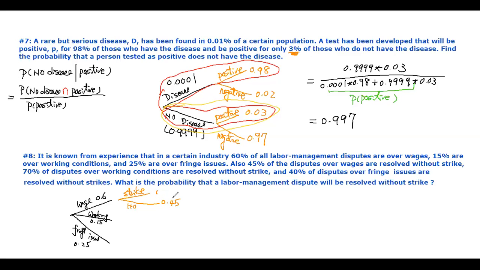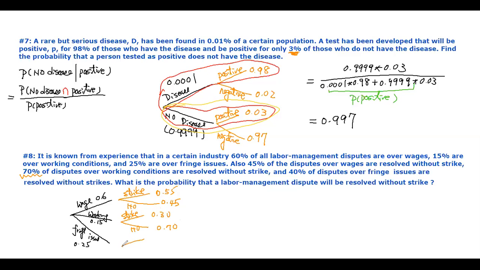So 0.45. So here with strikes, 0.55. Working conditions here, this is a strike. This is no strike, right? For working conditions, 70% are resolved without a strike. So it's 0.7. So with strike, it's 0.3.